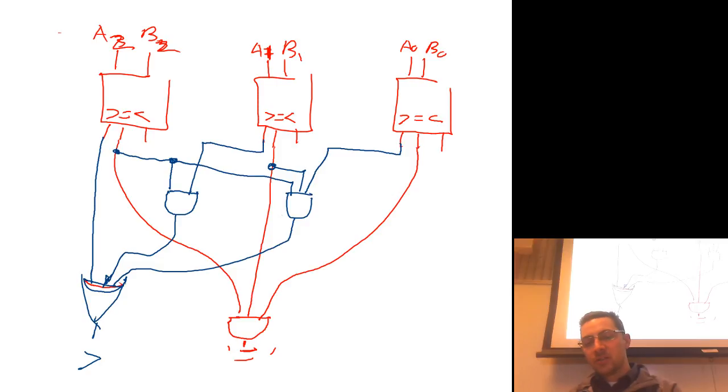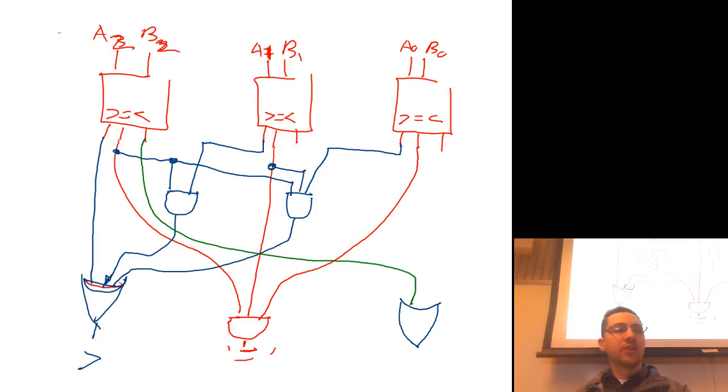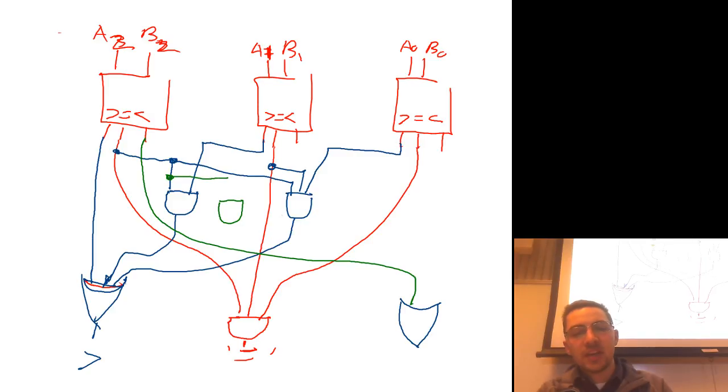And if I were to build the less than circuit, you'd see a symmetry across this. Let's do it in green. If the most significant bit is less than, then obviously both numbers are less than. Second option here, if the first bit is equal to, ooh, this is gonna get messy real fast. This is where a schematic CAD package would be very handy because you can move these things around until it looks a lot neater.